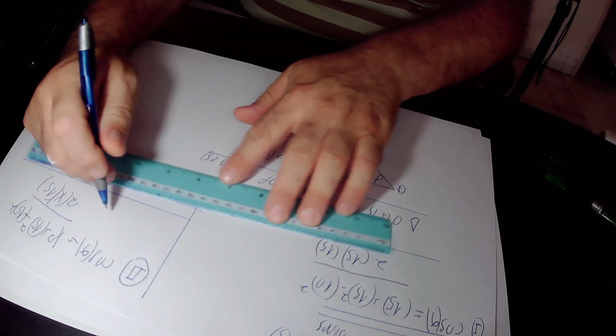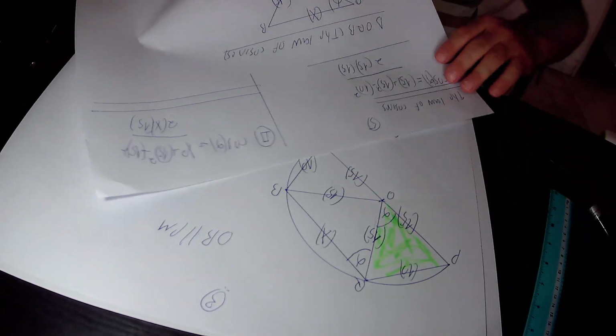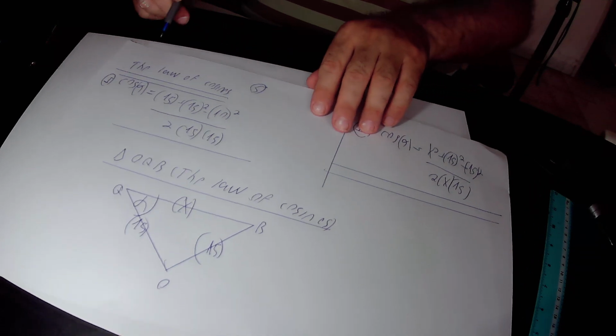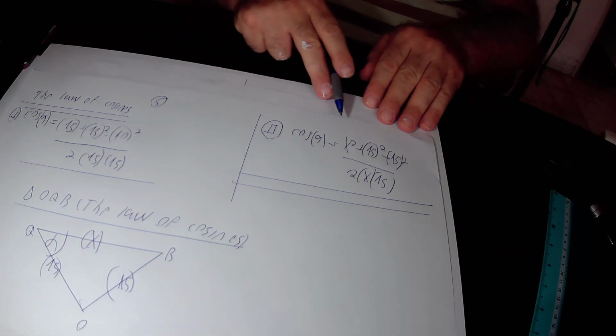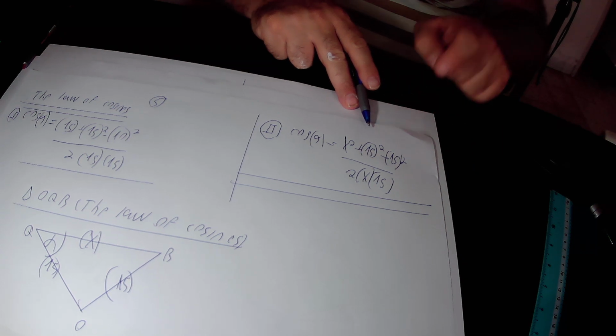Repeat again, according to the law of cosines in this triangle OQB, cosine alpha equals x squared plus 15 squared minus 15 squared over 2 times x times 15.